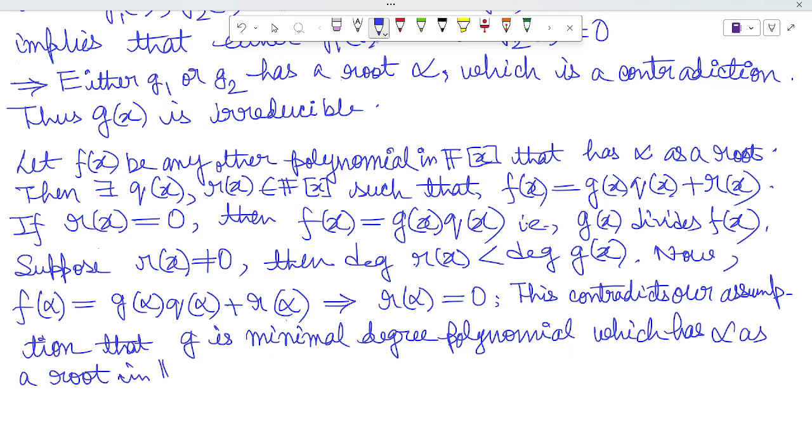So r(x) equals 0 always. That means we are done. This is an impossible case.